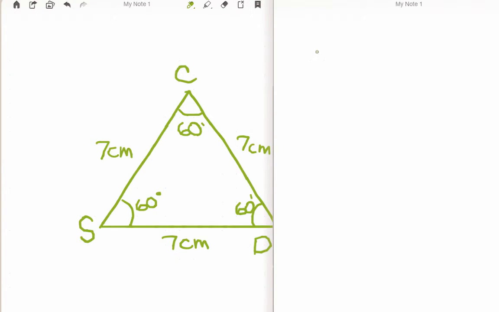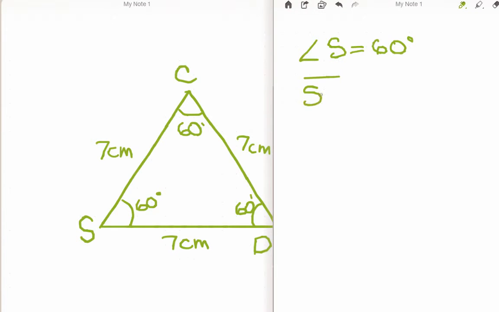So let's try it this way with angle S equals 60 degrees. Let's do line segment SD equals 7 centimeters. And we've made that connection now. We have a connection between here and here so they know.